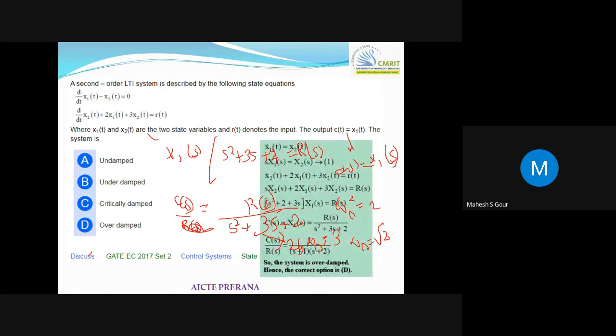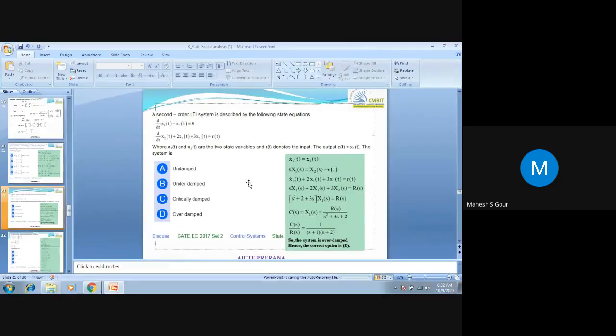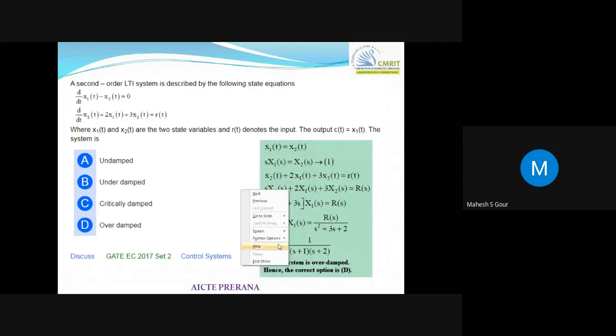So we got till here, right? R of s divided by s square plus 3s plus 2. I think you got till this point. So this is the solution. They have directly skipped everything and solved, so I solved step by step.